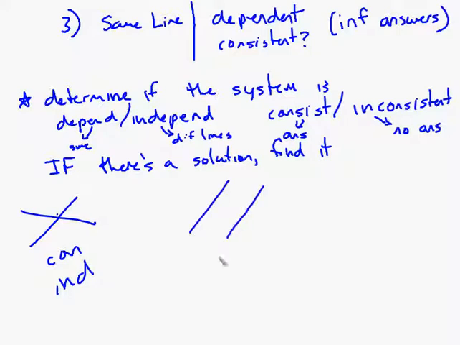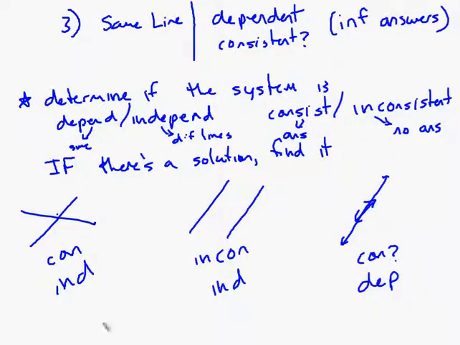If I have parallel lines, that's an inconsistent system, and they are independent. And if they're the same line, meaning I just graph them and they're on top of each other, it's debatable whether it's consistent or not, but they are dependent because they're the same line.